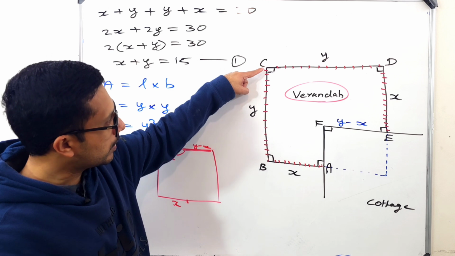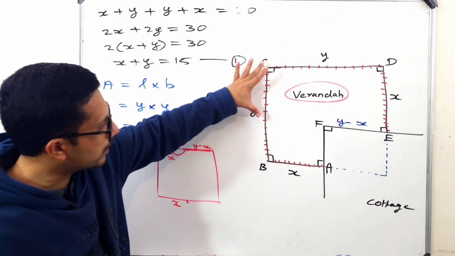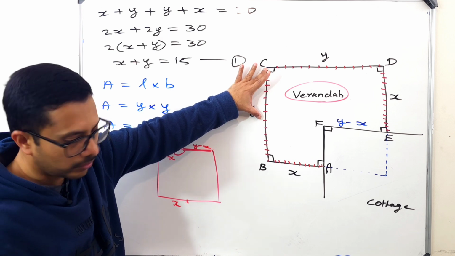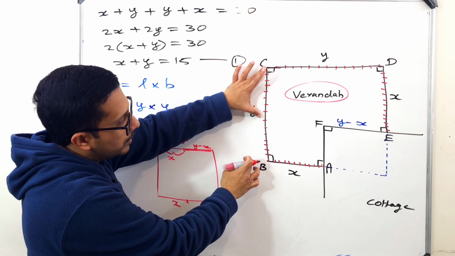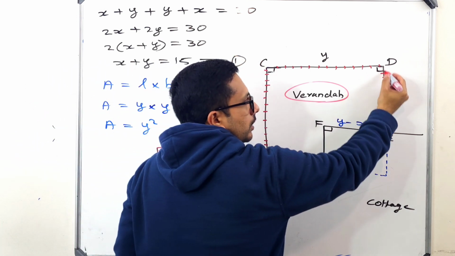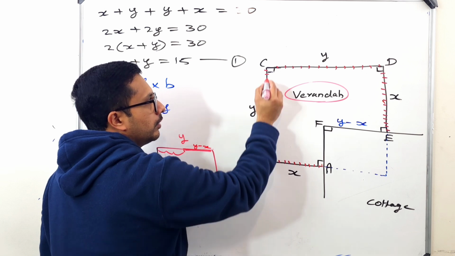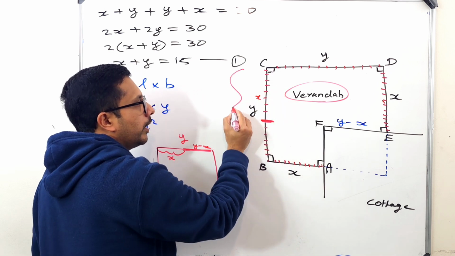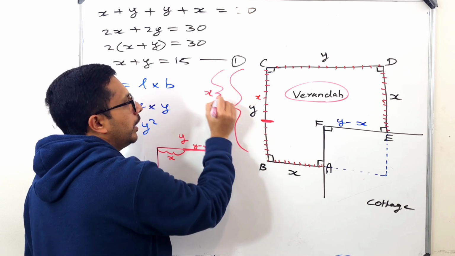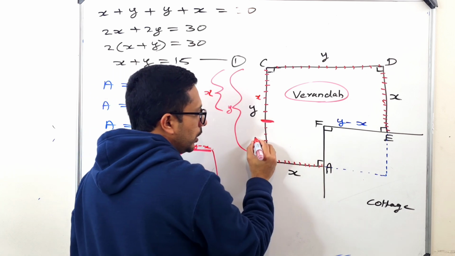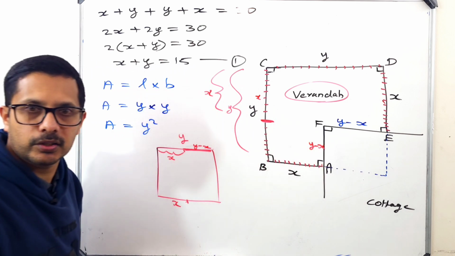Similarly here, the total length is y and this length is x, so the remaining length is the total length y minus this length x, that is y minus x. So here it is y minus x, and here also it is supposed to be y minus x. Think about that one.